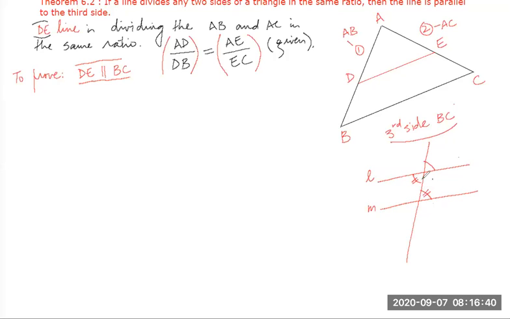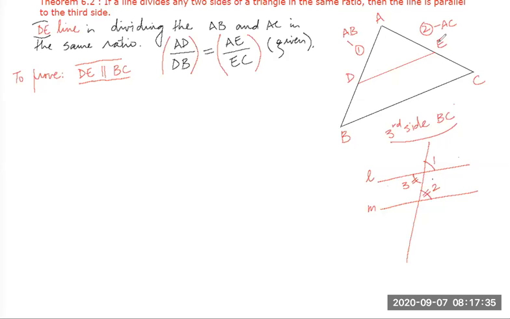These are the internal alternate angles, or simply alternate angles. And 1 and 2 are the corresponding angles, 3 and 2 are the alternate angles. If all the angles are equal, then we can prove that the two lines L and M are parallel. So how do we do it, students?